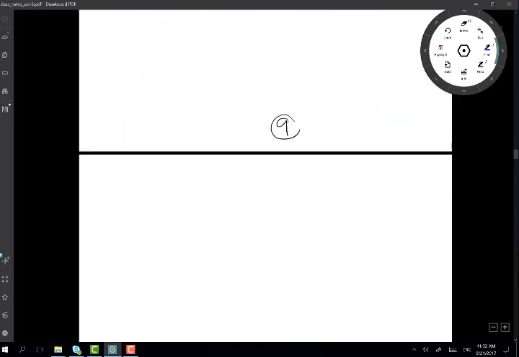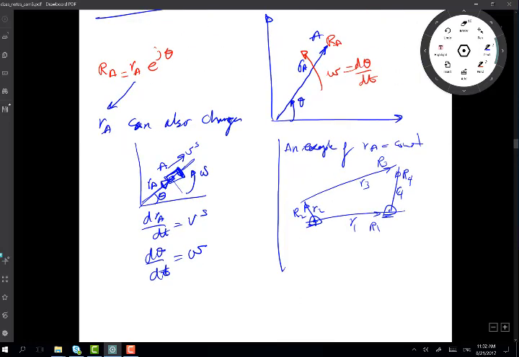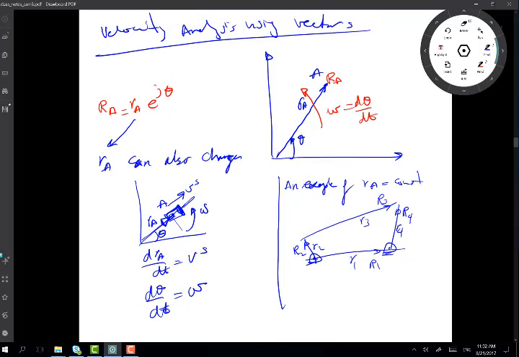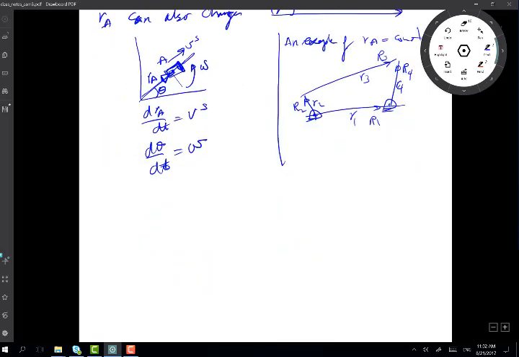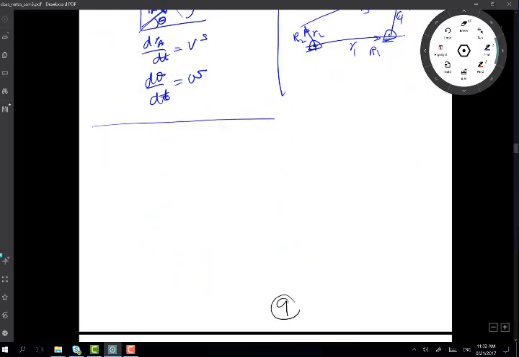So when you differentiate, I don't take into account that R is going to change. So I take the case I'm going to explain right now, with constant RA. So what happens with constant RA? With RA held constant, my RA is RA e^(j theta), right?